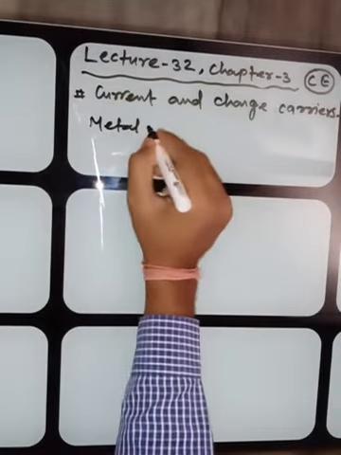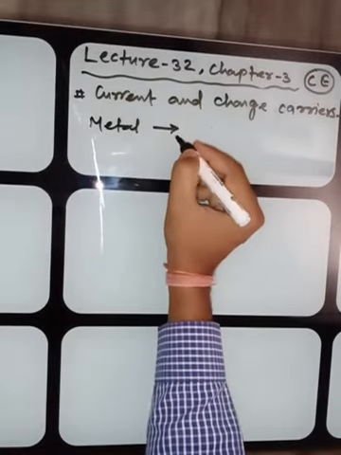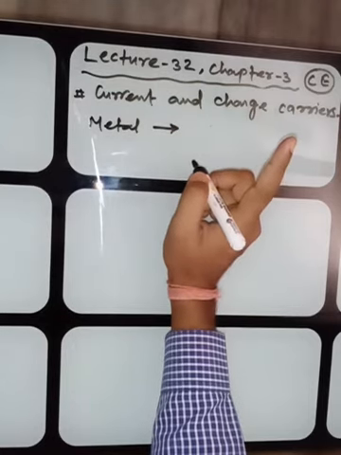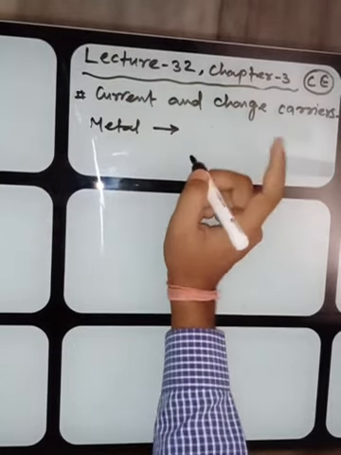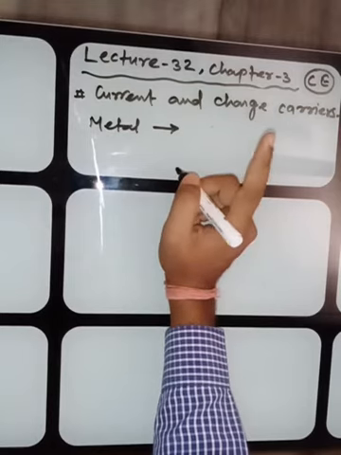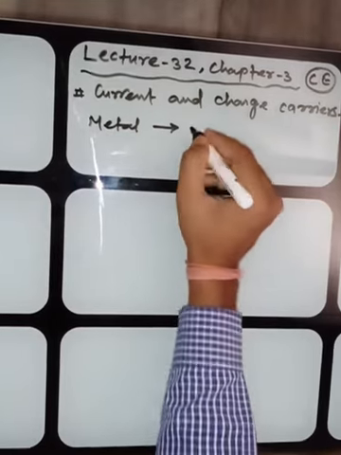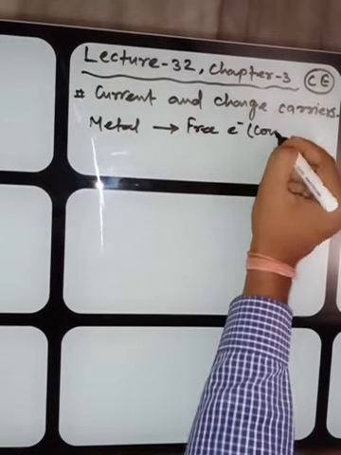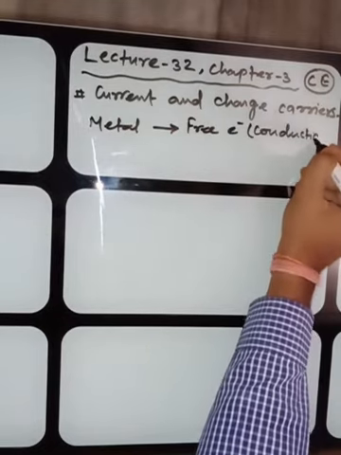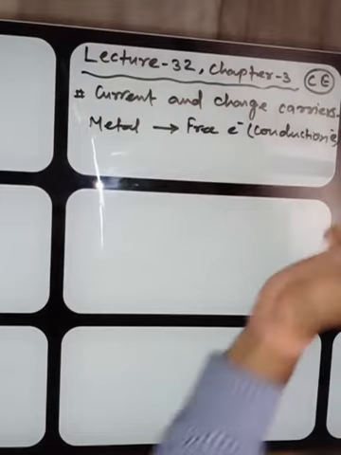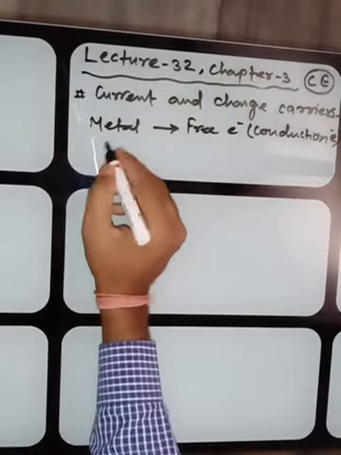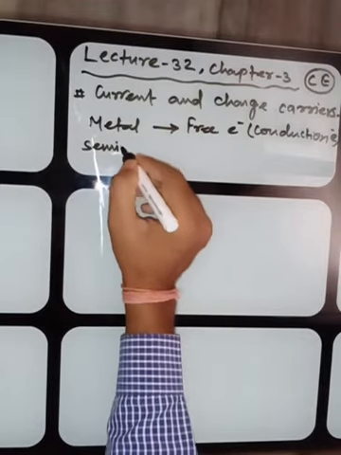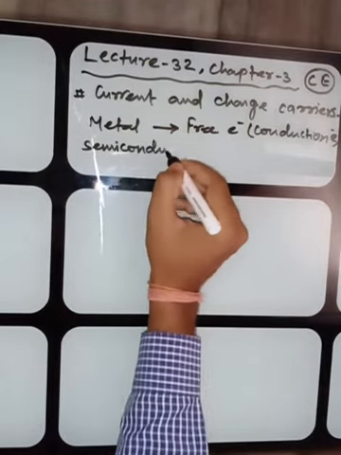In metal, that is the conductor, remember my dear students, there will be only electrons. In metal, free electrons. What is that? Free electron, which is also called the conduction electron, are responsible.